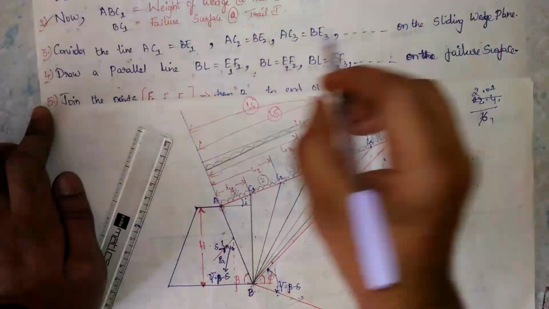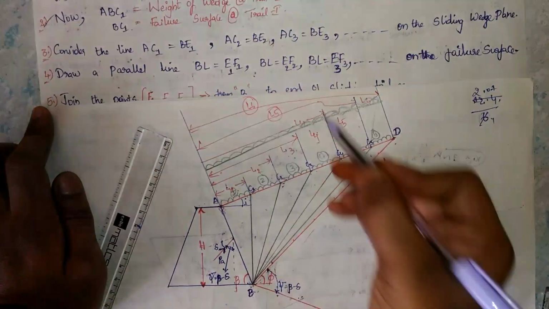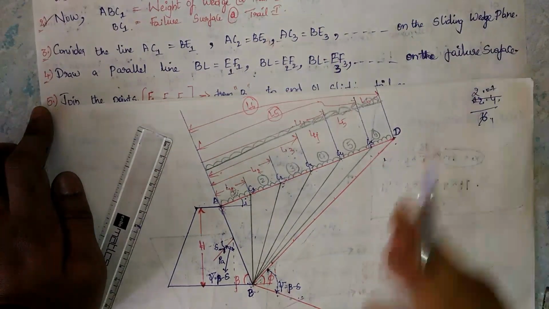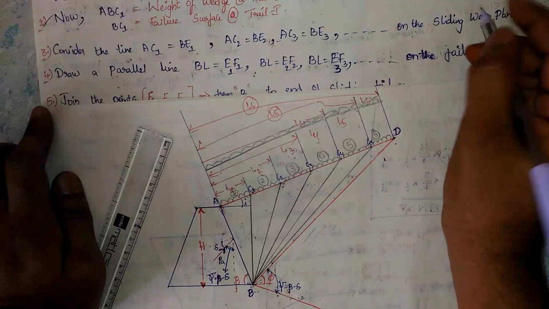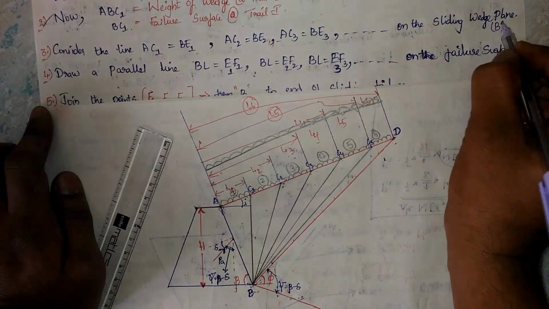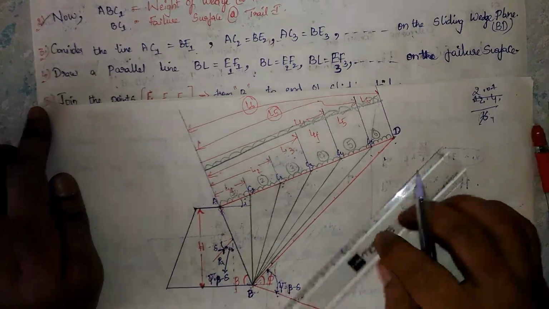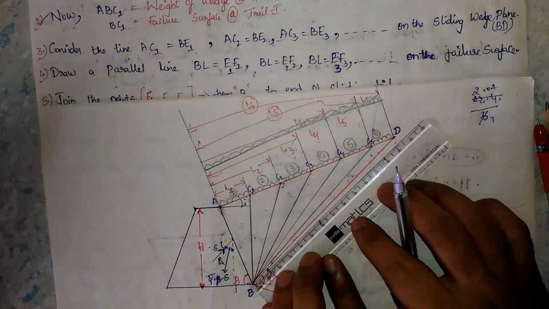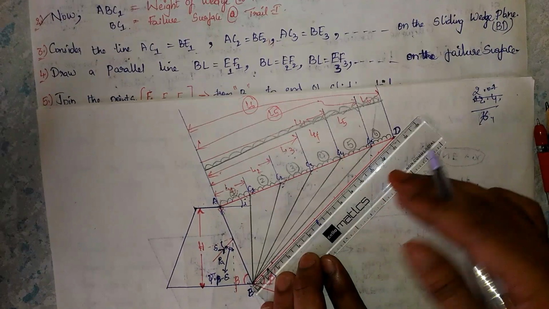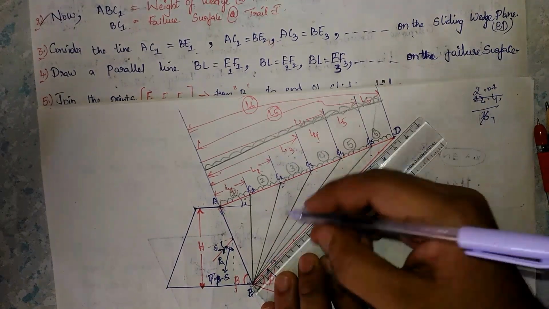AC1 equals BE1 and AC2 equals BE2 on the sliding wedge plane. So this is the sliding wedge plane, no? Where BD, we have to give the same distance on this sliding wedge plane, nothing but the same 2.1.